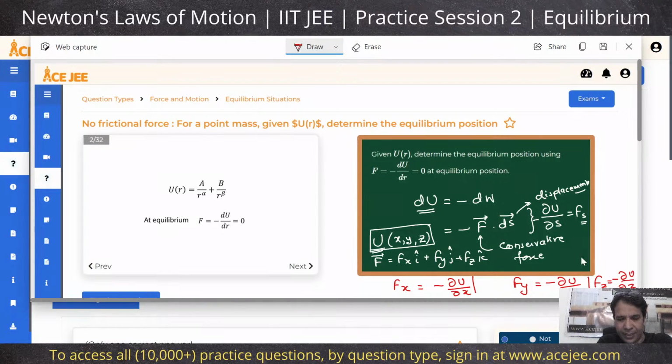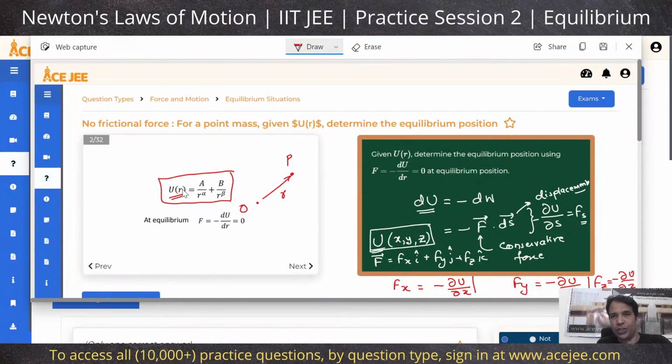If somebody gives potential energy as a function of r, what does this tell us? Let r be the position vector with respect to some origin O. At this point P, this is my r vector, this is the distance r. U is a scalar quantity.